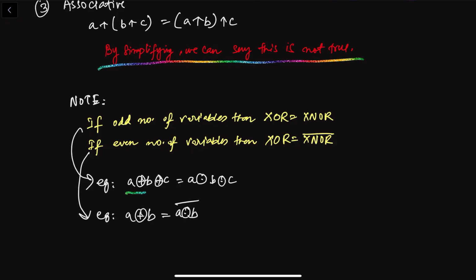You can see A XOR B XOR C gives us A XOR B XOR C. Similarly, if there is an even number of variables, then it gives us the complement of the other gate, like A XOR B is equal to A XNOR B complement. This fact can also be proven.